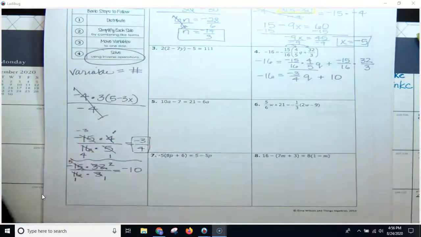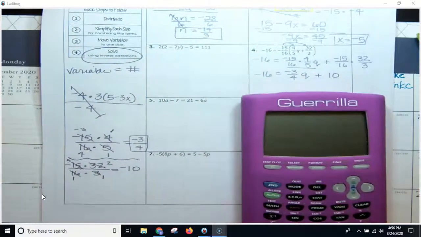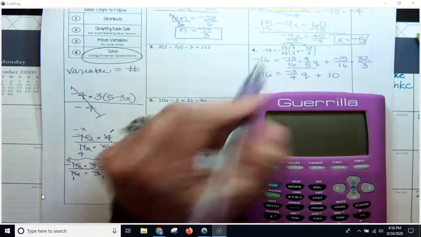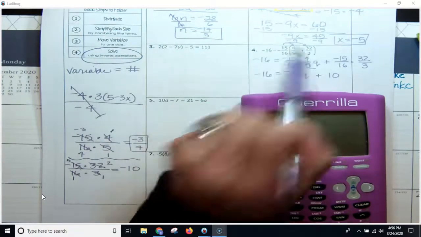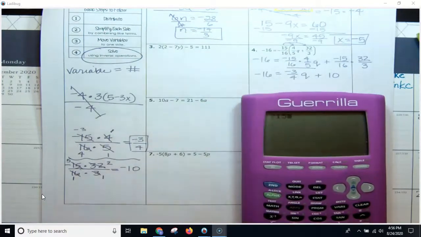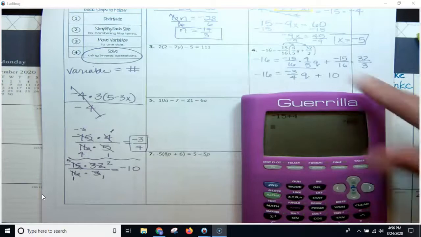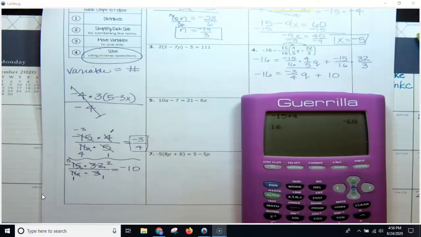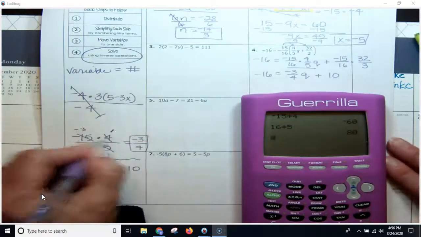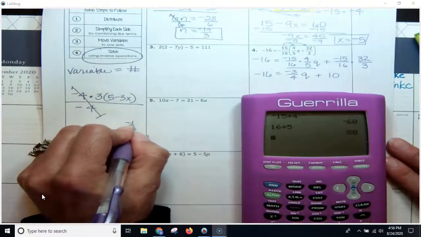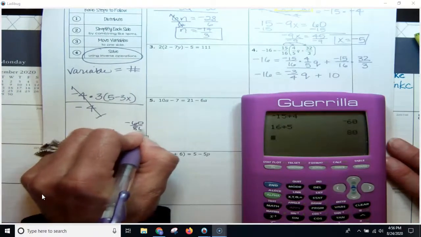Now, just to show you that I'm not messing up anything, I want to show you how if I were to multiply negative 15 times 4, I would get negative 60. And if I were to multiply 16 times 5, I would get 80. So if I multiplied those without doing anything, I'd have negative 60 over 80.